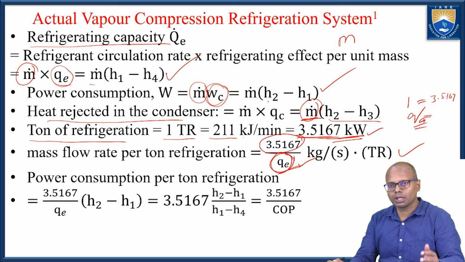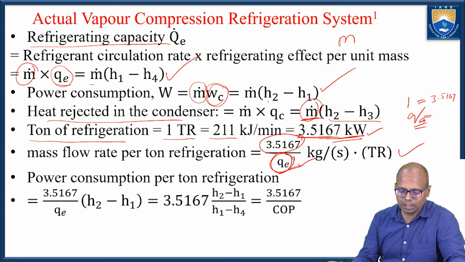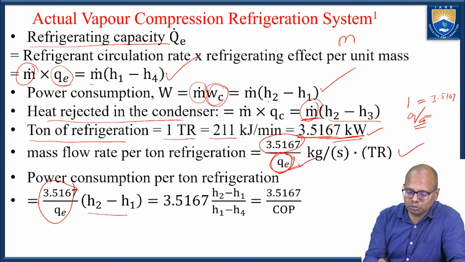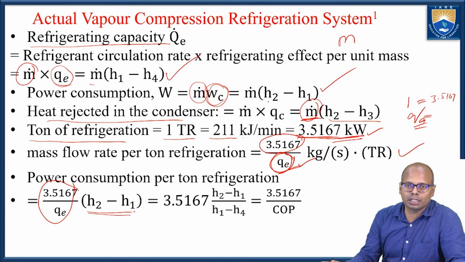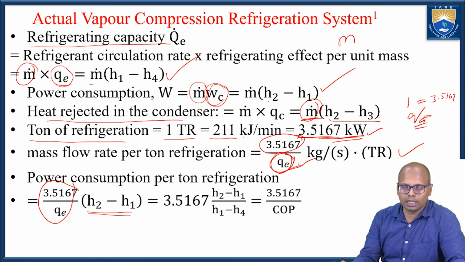Okay. Now, if I want the power consumption per ton of refrigeration, this is the mass flow rate per ton of refrigeration times the work done in the compressor, that is nothing but the change in enthalpy in the compressor, H2 minus H1. If I multiply these two, I will get the power consumed per ton of refrigeration.